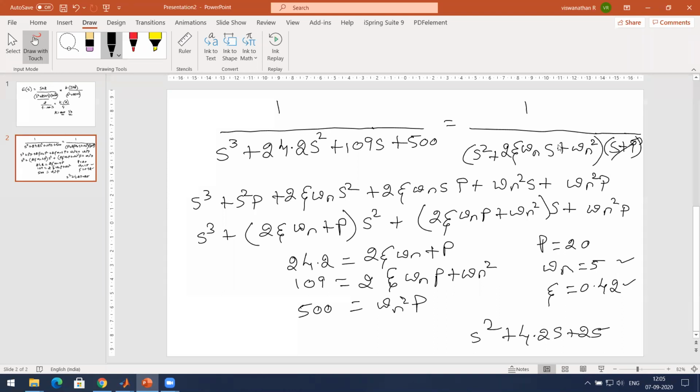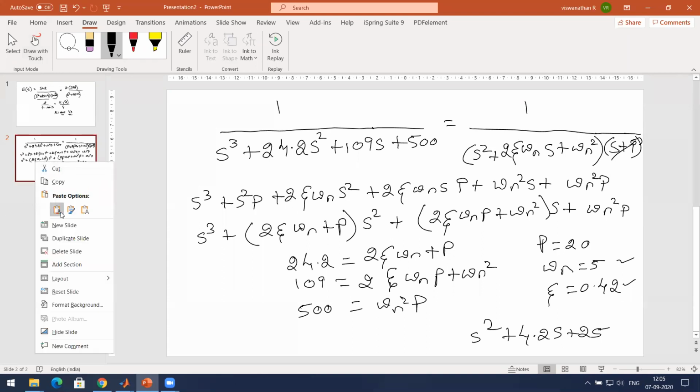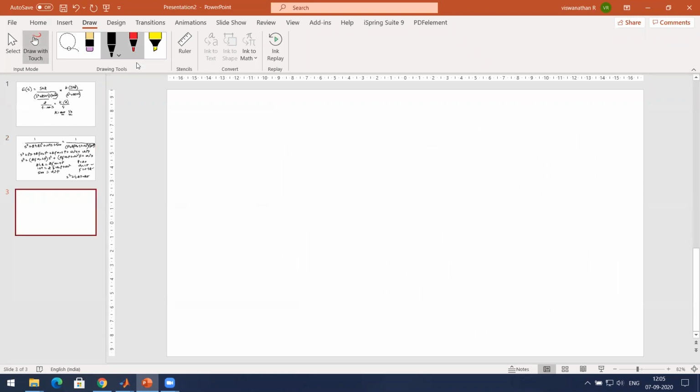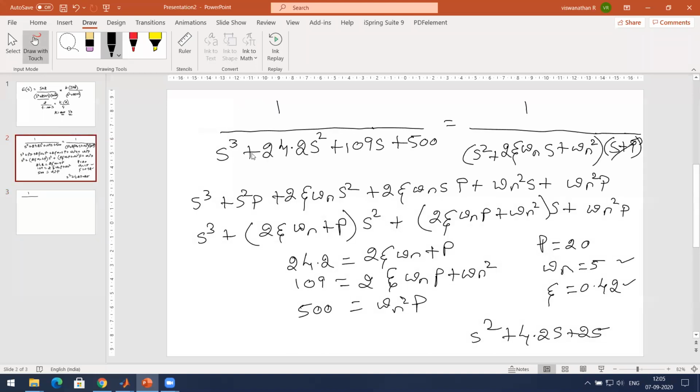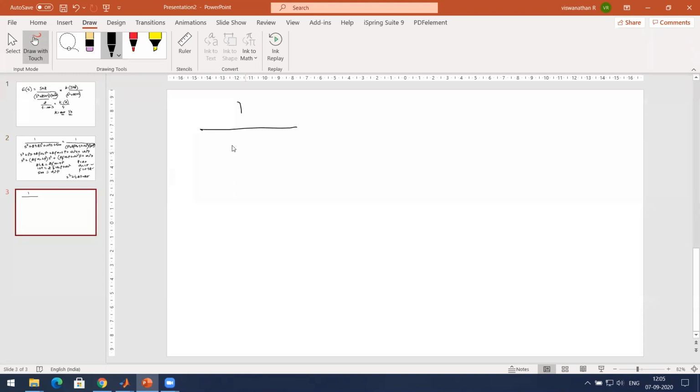What is the K value to be multiplied to use this as an alternative for the third order system? So what are you supposed to do for that? You need to put s is equal to 0 in this case. If you put s is equal to 0, what do you get? 1 by 500, correct?